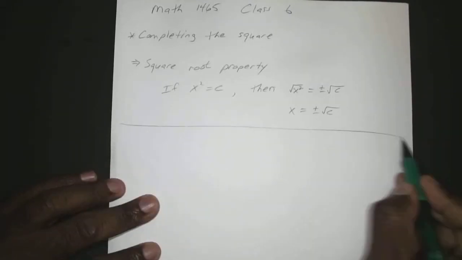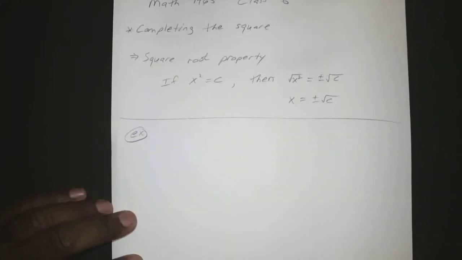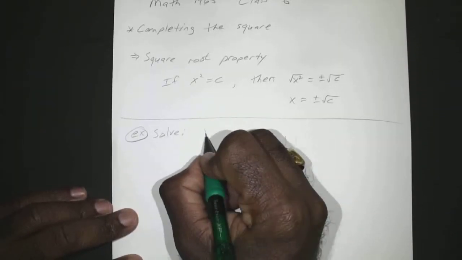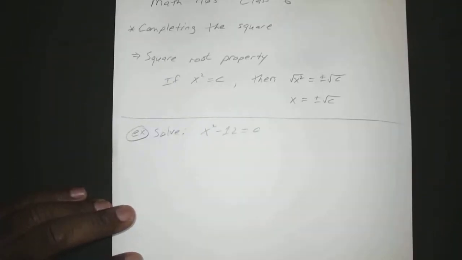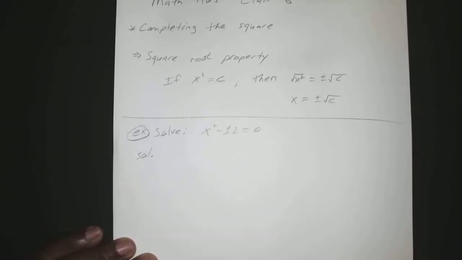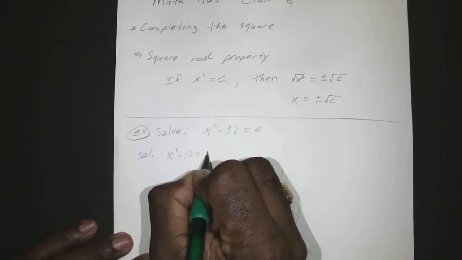Okay, so for example, say you wanted to solve x squared minus 12 equals 0.